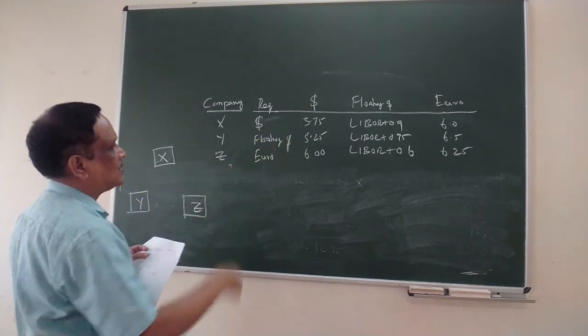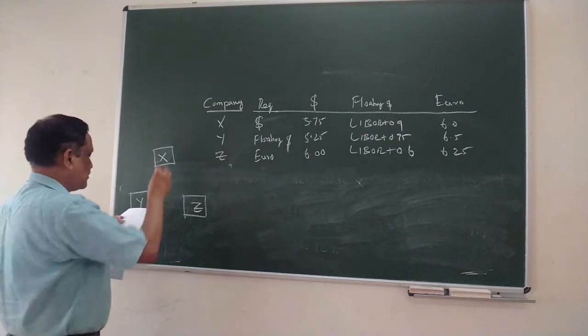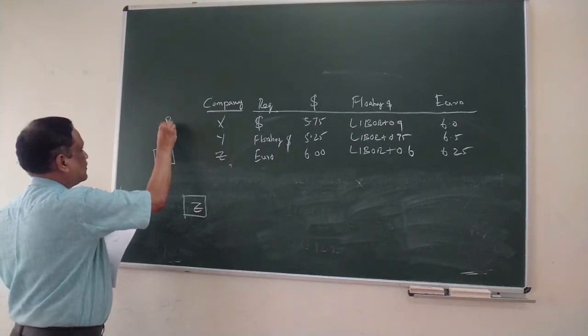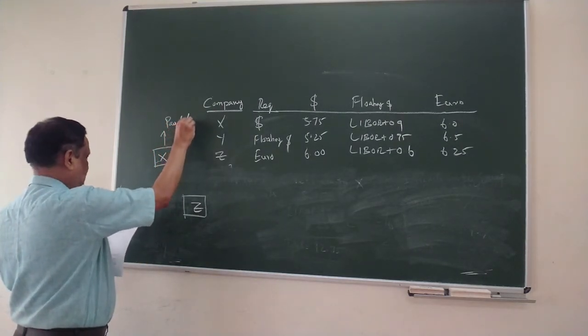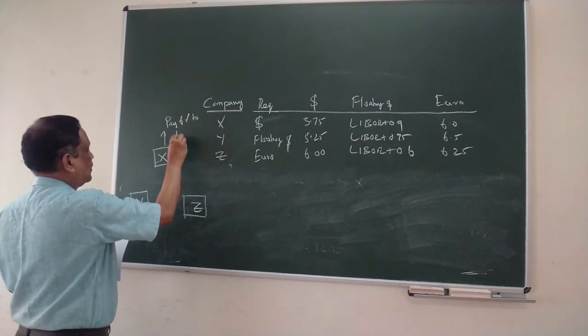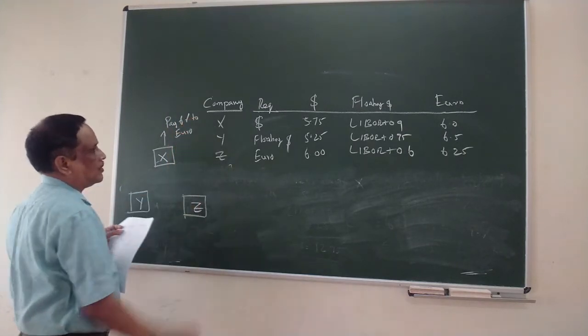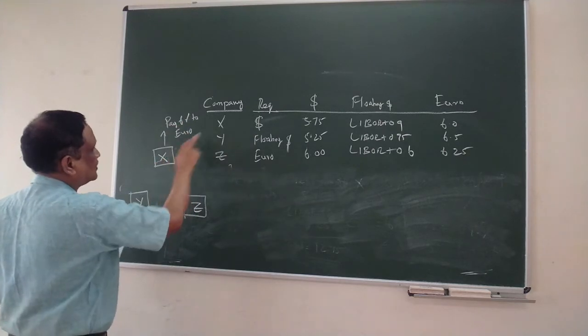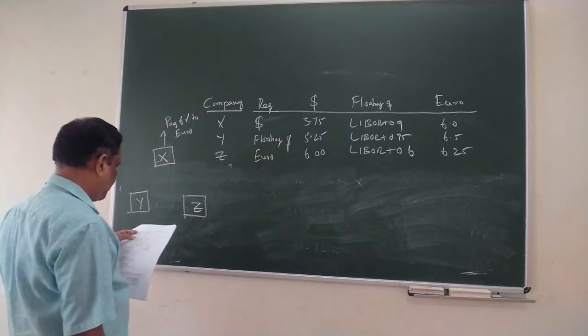X has the lowest rate in euro, so X pays 6% on the euro loan.